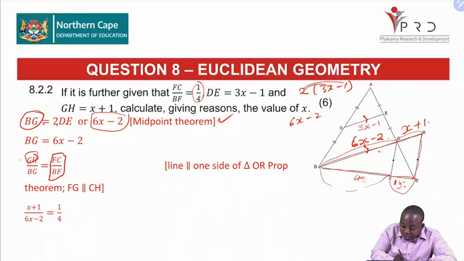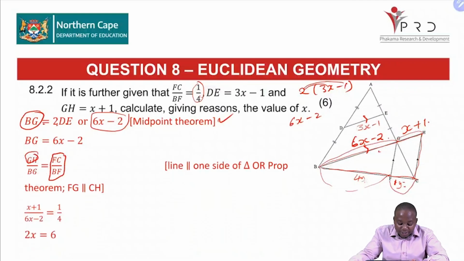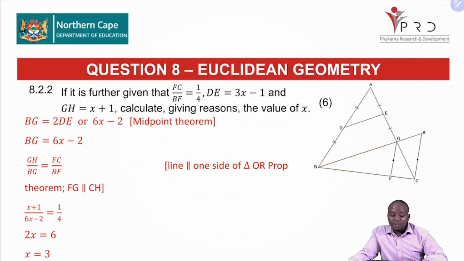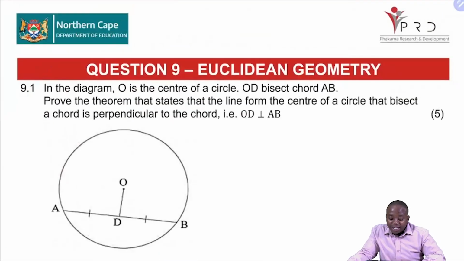And GH, it was how much? It was given as x plus 1. And BG, we found by multiplying DE by 2. Then we are saying our BG was 6x minus 2. Then we're going to solve for x here. We cross multiply, then our x is equal to 3. So that is the value of x in that case.